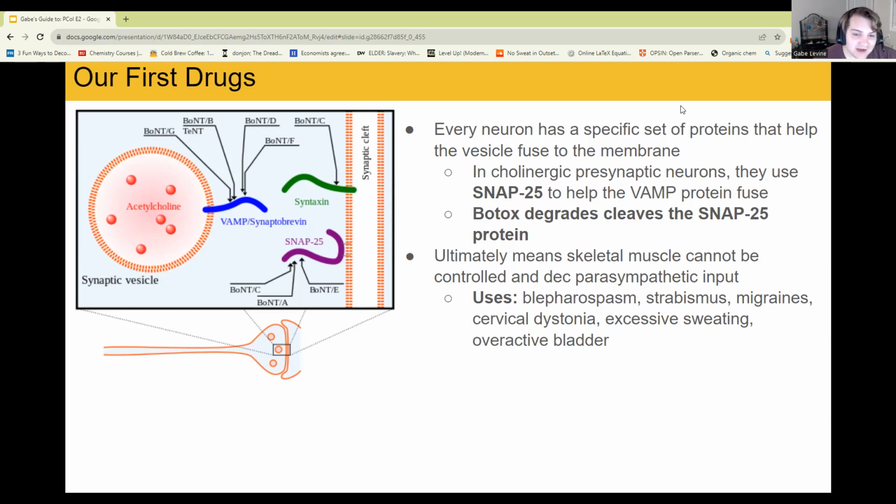For excessive sweating, what we're doing is injecting Botox into sweat glands, not to turn off the gland, but to turn off the smooth muscle that squeezes the gland and releases the sweat.